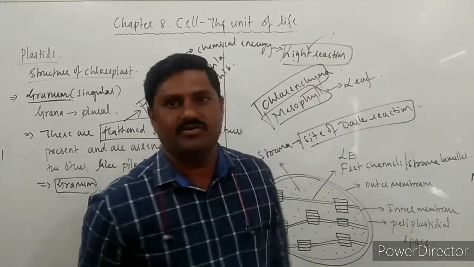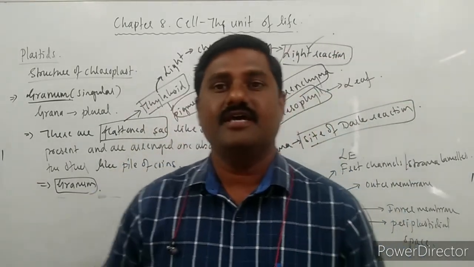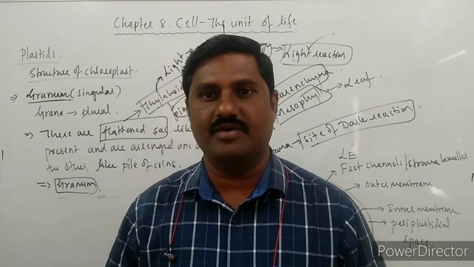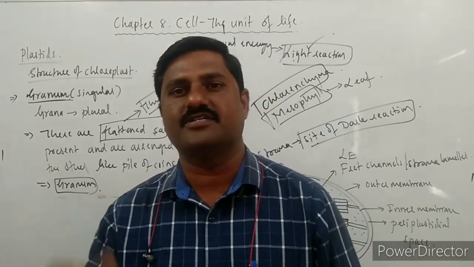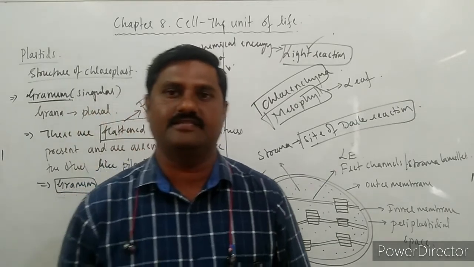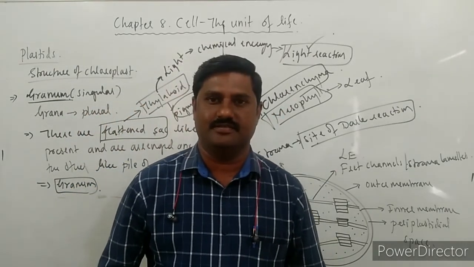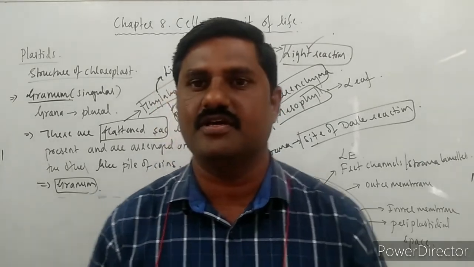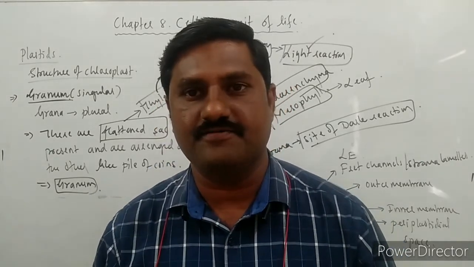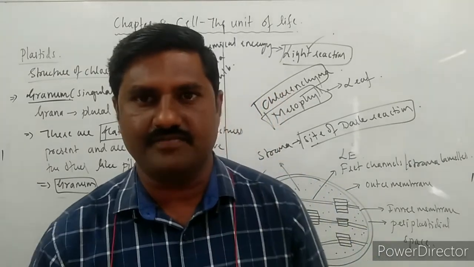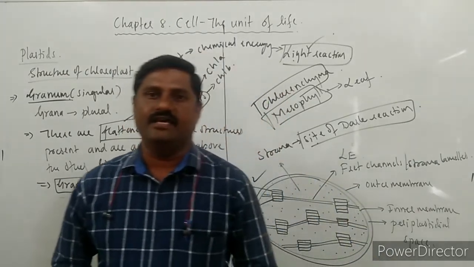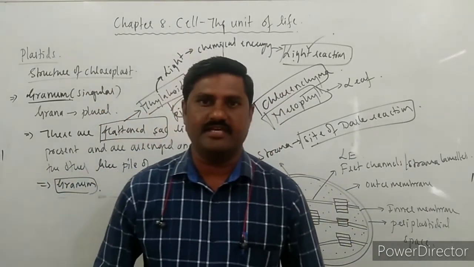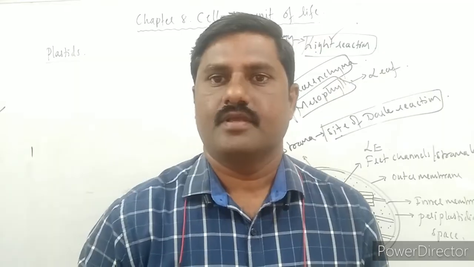These are the things you should remember regarding the chloroplast. The major function of the chloroplast is that it helps in photosynthesis. With this we finish the chloroplast, and afterwards we will start with the next cell organelle, ribosomes, in the next video. Thank you.